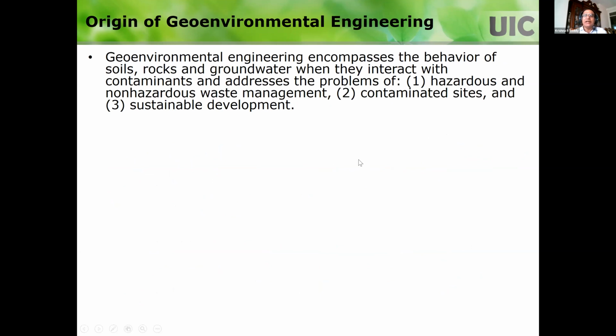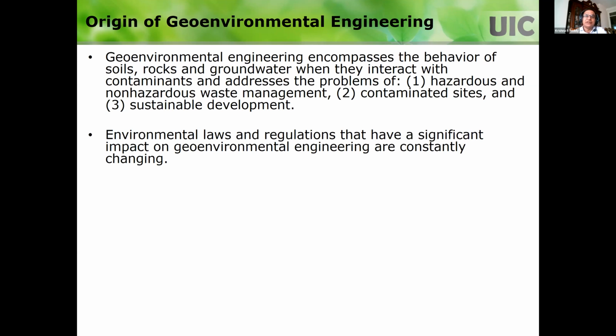If we can understand those geo and contaminant interactions, then we will be able to develop solutions to contaminated site problems, hazardous and non-hazardous waste management, and waste containment systems, and we can do things differently for sustainable development, like beneficial use of waste materials. That's how the field of geoenvironmental engineering originated. You know about soils and groundwater, but now you understand how these materials interact with contaminants, and then use that knowledge to design these engineered systems.